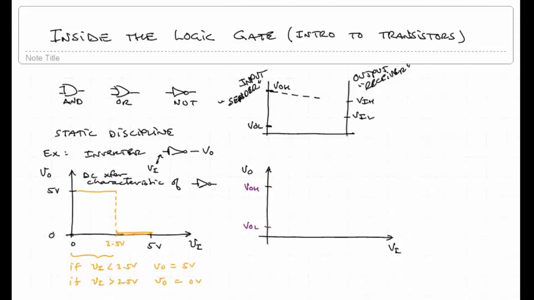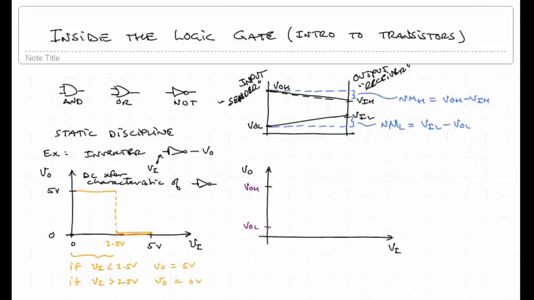The difference between VO high and VI high was the upper noise margin, labeled NMH. And similarly for the lower limits, noise margin low was VI low minus VO low.